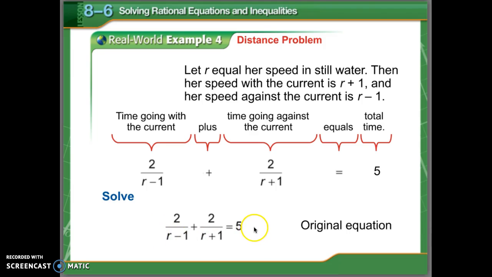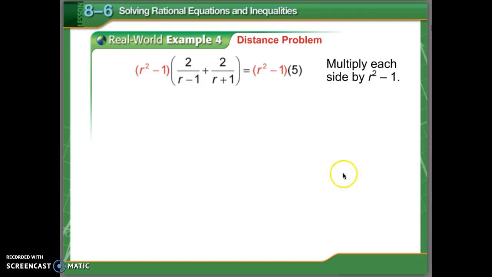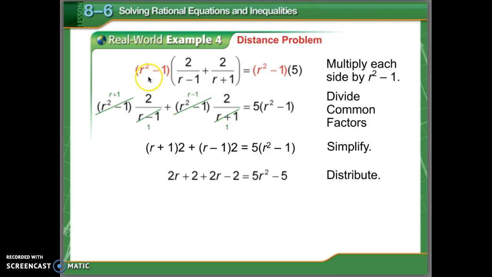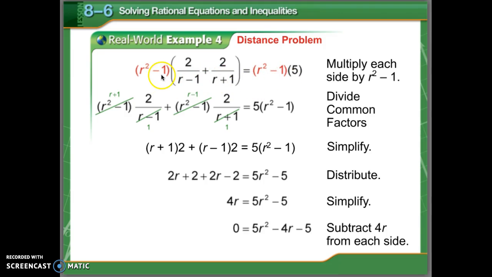So we're going to need to get a common denominator, and then it's pretty much like the other examples we've already looked at. Our common denominator, if we multiply r minus 1 times r plus 1 together, we get r squared minus 1. So we're going to multiply every term in the problem by that common denominator.